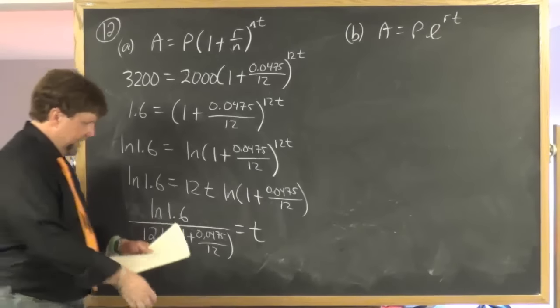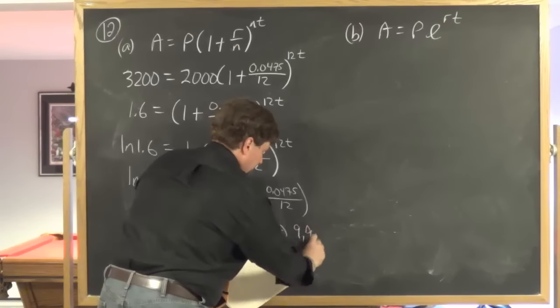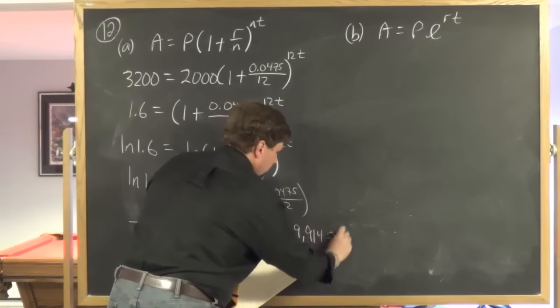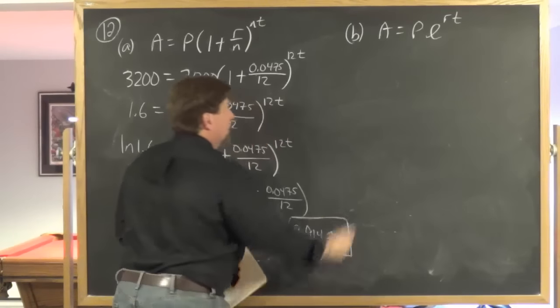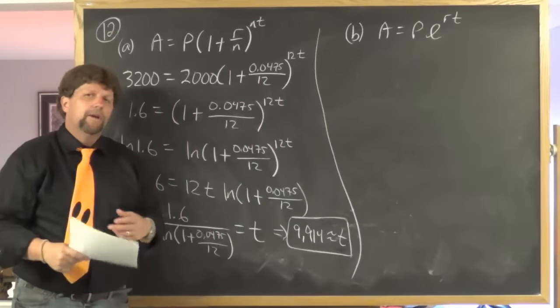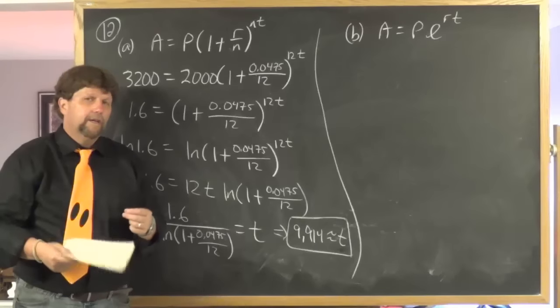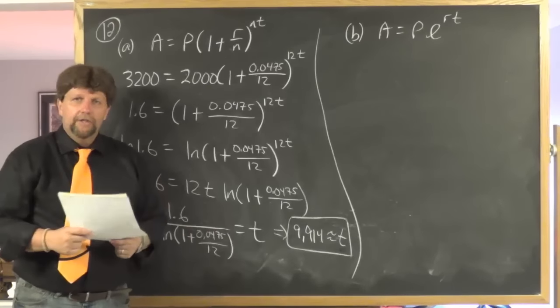When I do, I get 9.914, or to answer the question more specifically, about 9.914 years. It takes about 9.914 years for the money to grow to $3,200.